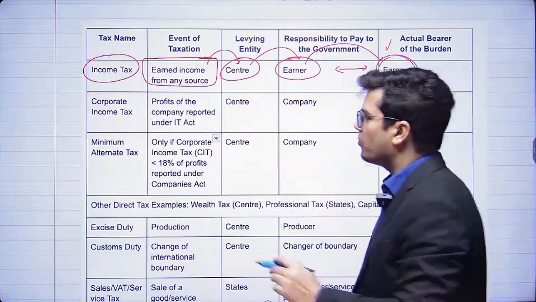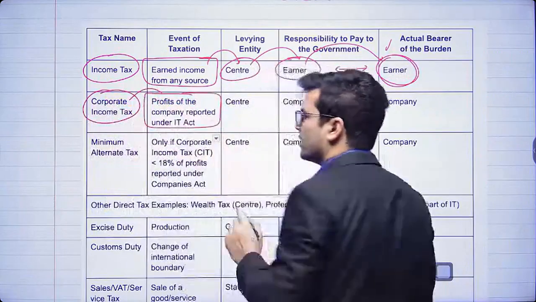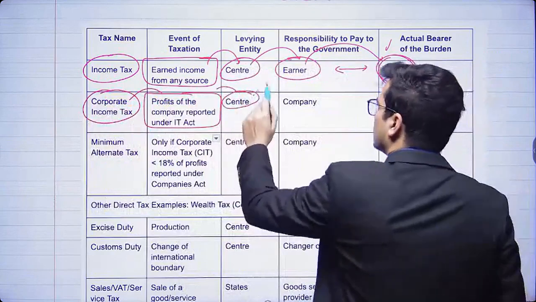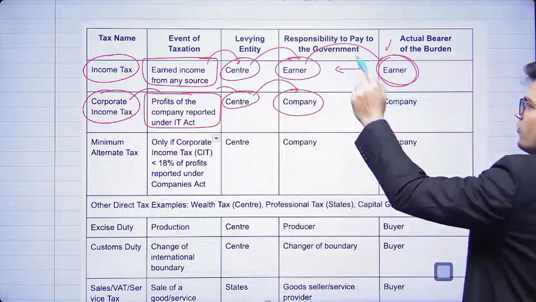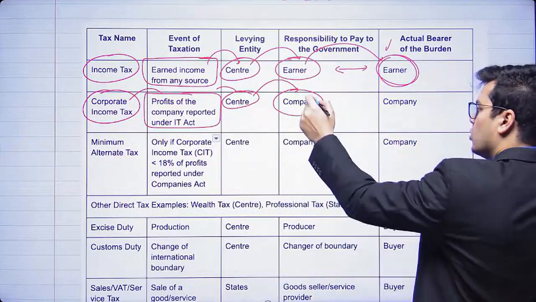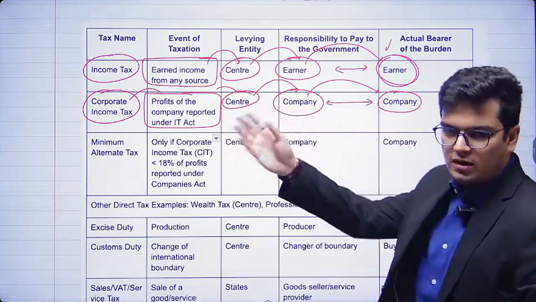Corporate income tax: profits of company reported under Income Tax Act, levying entity center, responsibility of paying to center is of the company itself. Who is paying? Company is paying from own profits. Direct tax called corporate income tax.